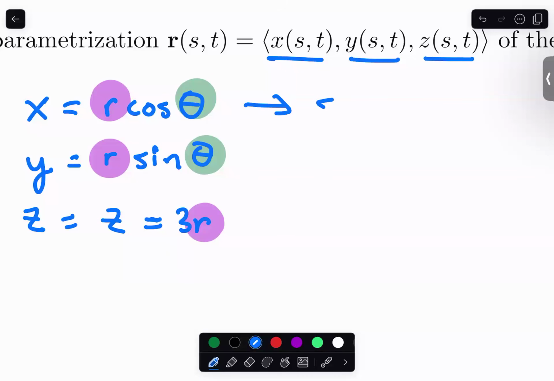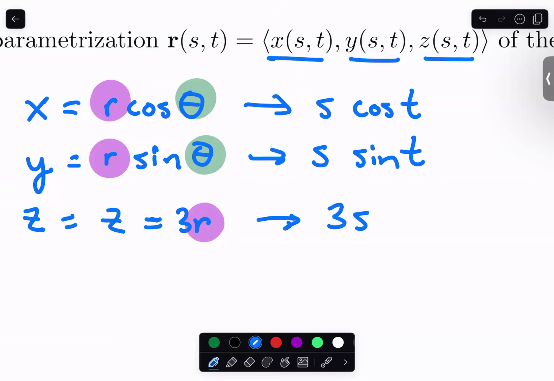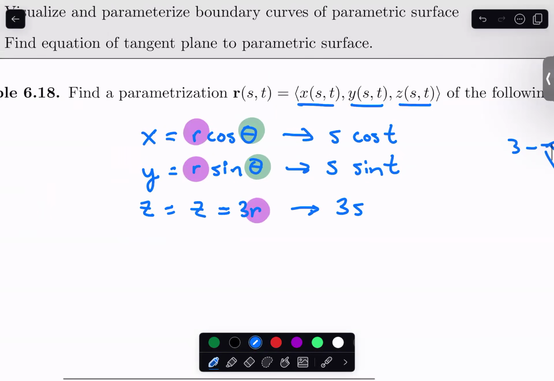So I'm going to do S cosine T, S sine T, and then 3S. So now I have a parametrized surface with my parameters S and T.